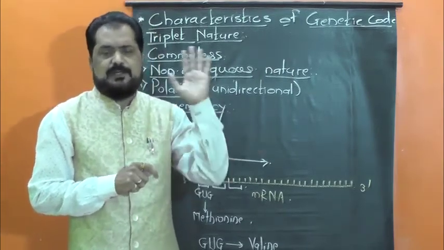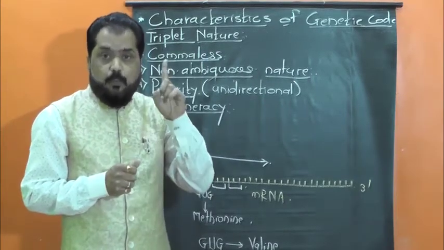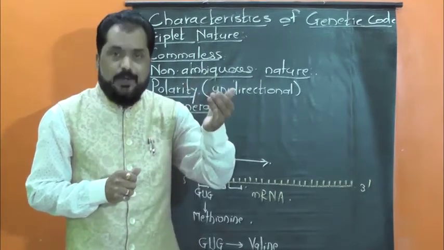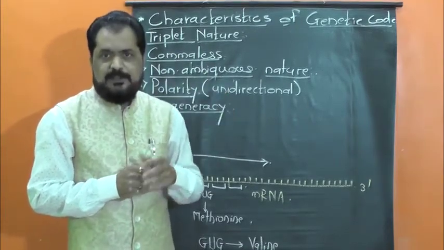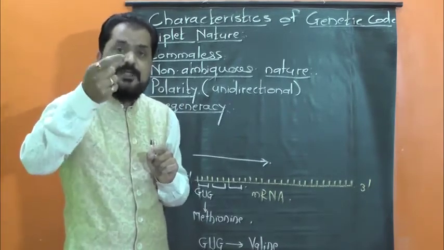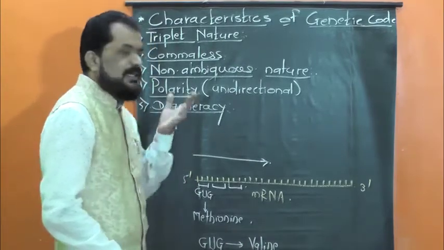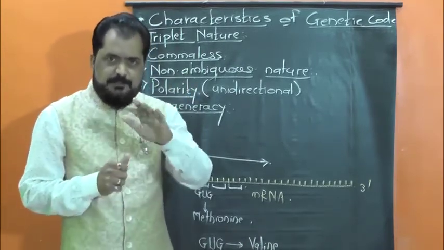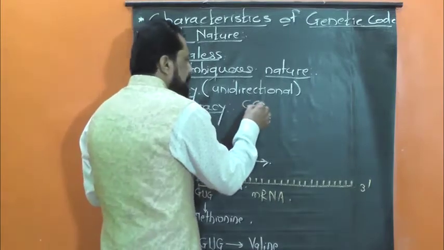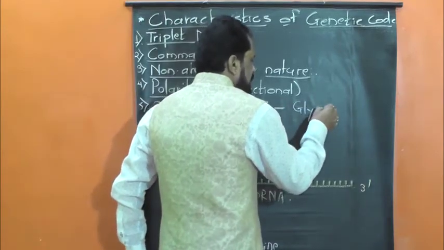So obviously one amino acid can be specified by more than one codon. This is called degeneracy. Let me explain. Previously I told you GGG. This codon specifies amino acid glycine.